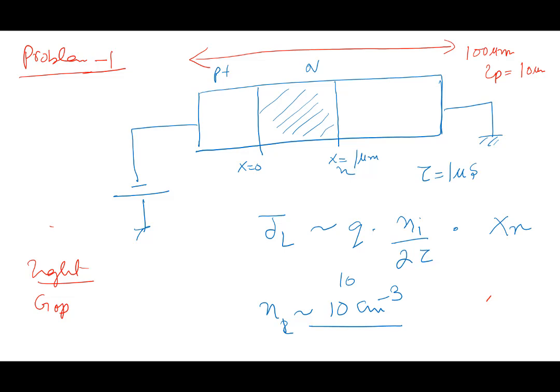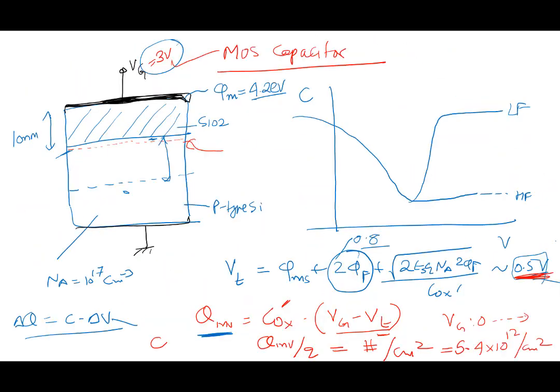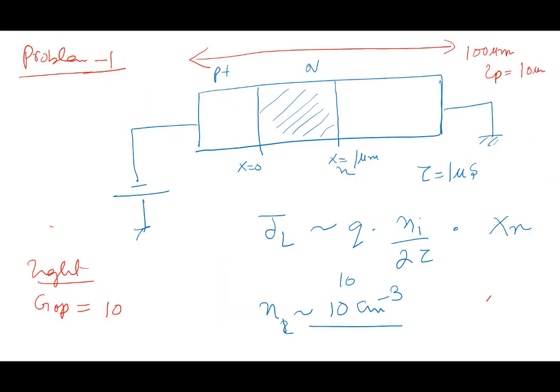And the generation rate due to light, let's make it 10 to the power 20 per centimeter cube per second. That's the generation rate. It is generated everywhere, here also, G optical, everywhere. Right? What do you think will be the current now?